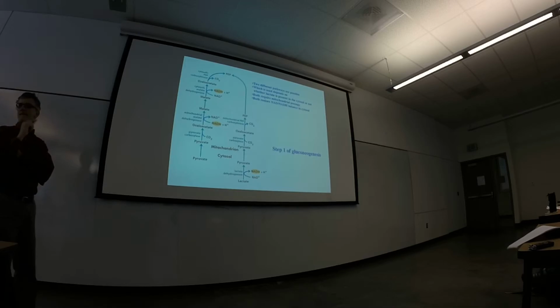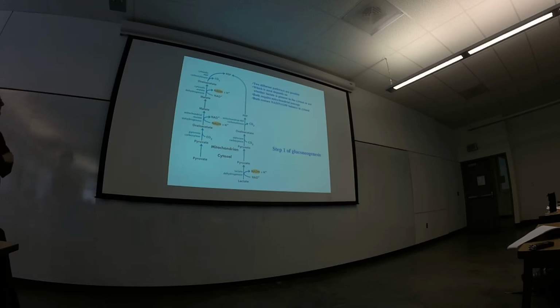I have a question about the transport of malate. The book says it's in the inner mitochondrial membrane. So how does it also get through the outer membrane? Yeah, there's no selectivity in the outer membrane. The outer membrane is pretty porous to all these metabolites. So as far as we're concerned, there's no selectivity in getting in and out of here.